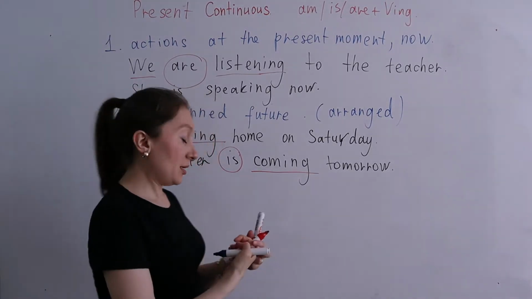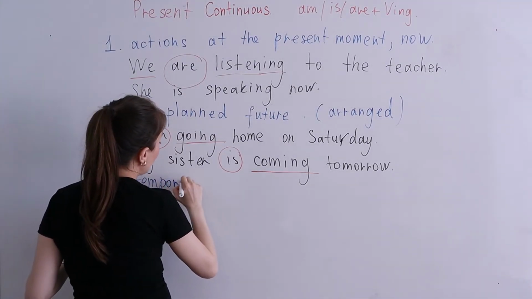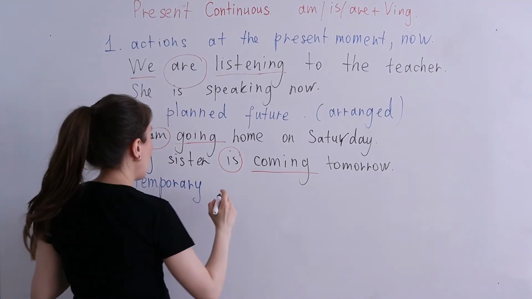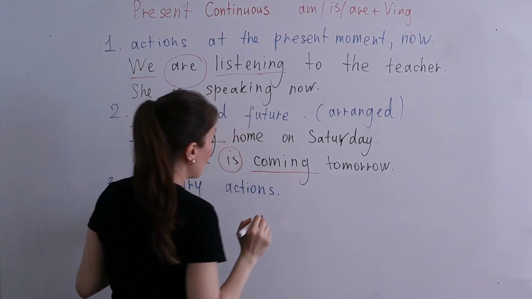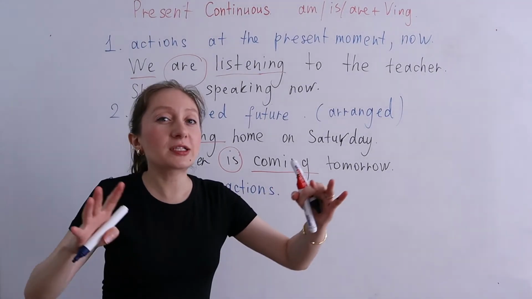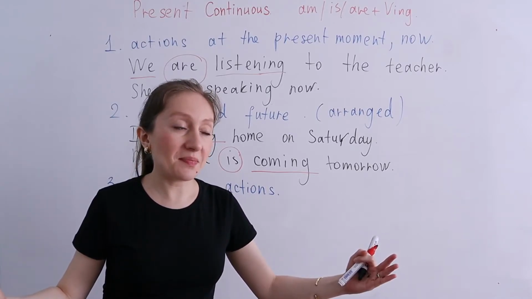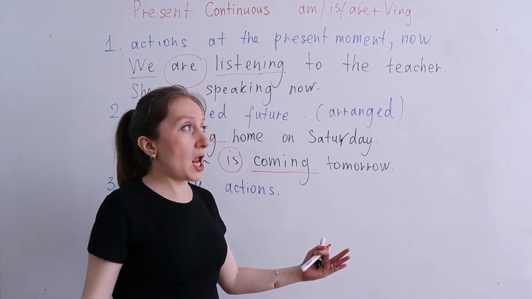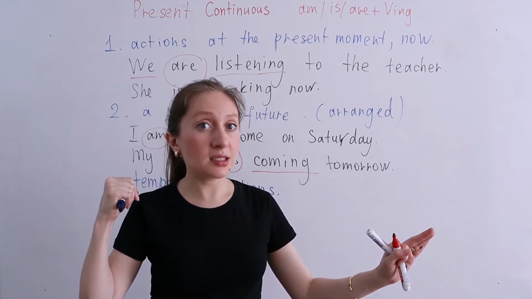Temporary action. Let me write it for you first. Temporary action or actions. So it means that they are just for some period of time. They will change after some time. You can say, I sold my house, past simple.